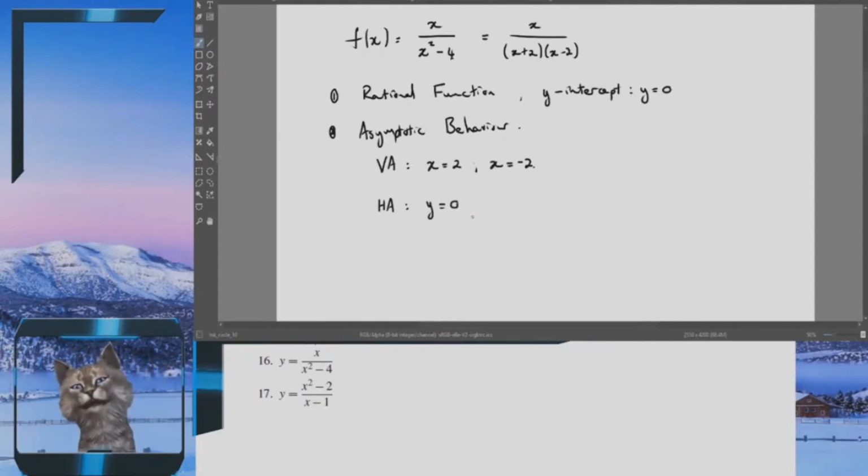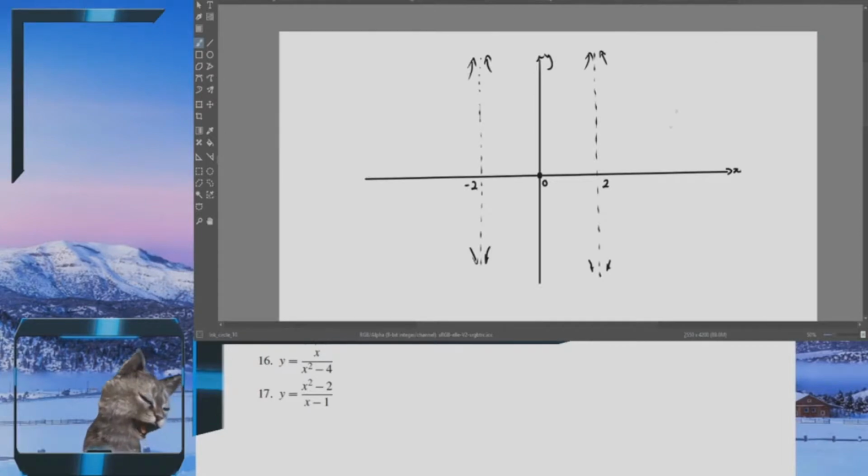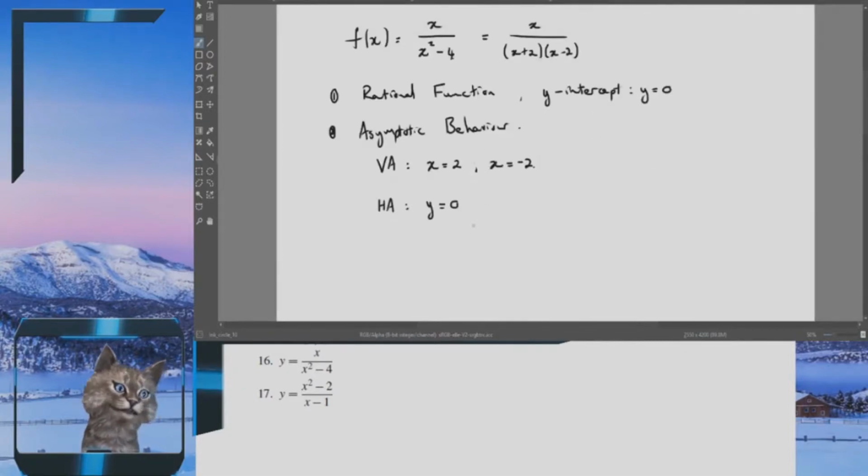So my horizontal asymptote is the line y equal to 0. Now again, that is sitting right on the x-axis. I don't really care to figure out which way it approaches the horizontal asymptote. Step 3 is going to point that out very easily. So this is all I'm going to do in step 2.